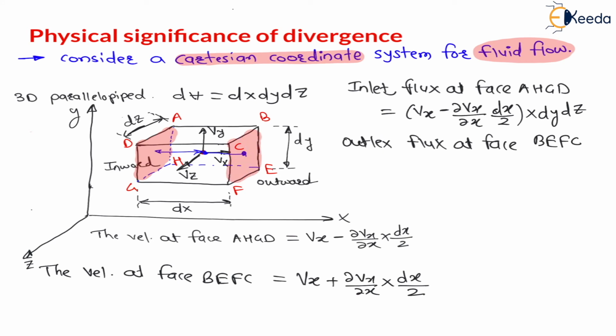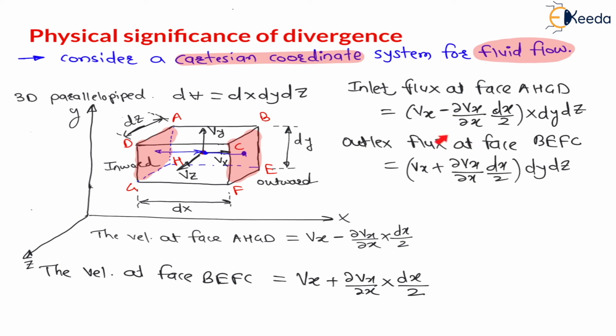Now, my dear students, the velocity on this phase is Vx plus dou Vx by dou x into dx by 2, into area dy into dz. Therefore, it will become Vx plus dou Vx by dou x into dx by 2 into area dy dz. Now, this is the inlet flux and this is the outlet flux along x direction.